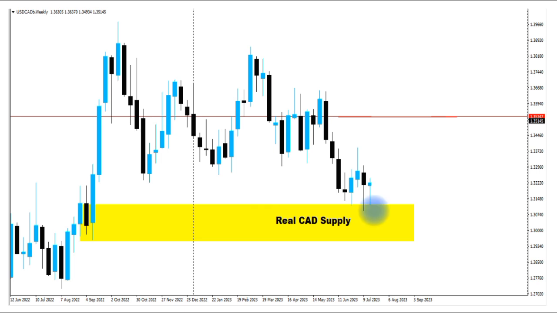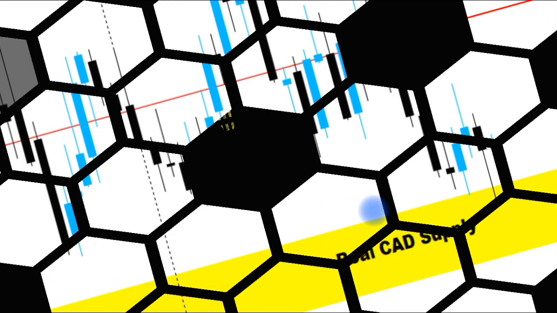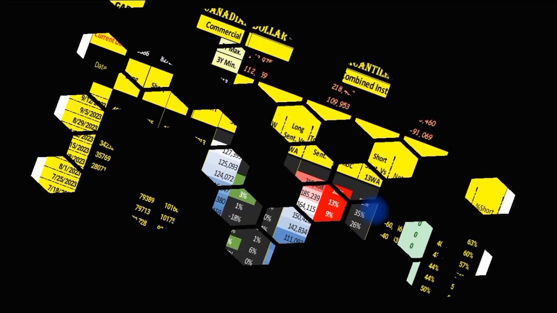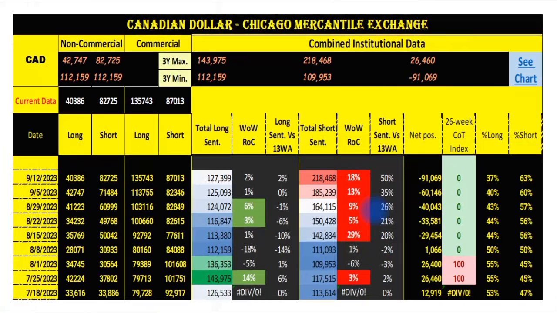So the next thing that we want to pay attention to definitely should be the COT data, how the institutions are positioning themselves. Looking at the COT data for the Canadian dollar at that particular point in time, in the latter part of July going into August, we started seeing an overbought reading for the Canadian dollar.